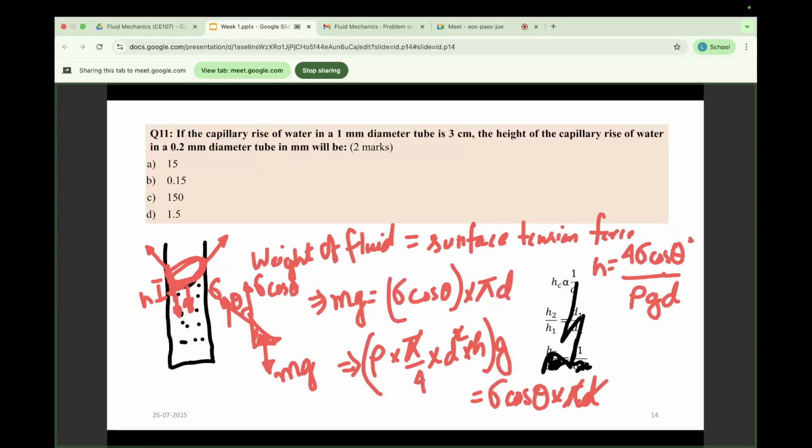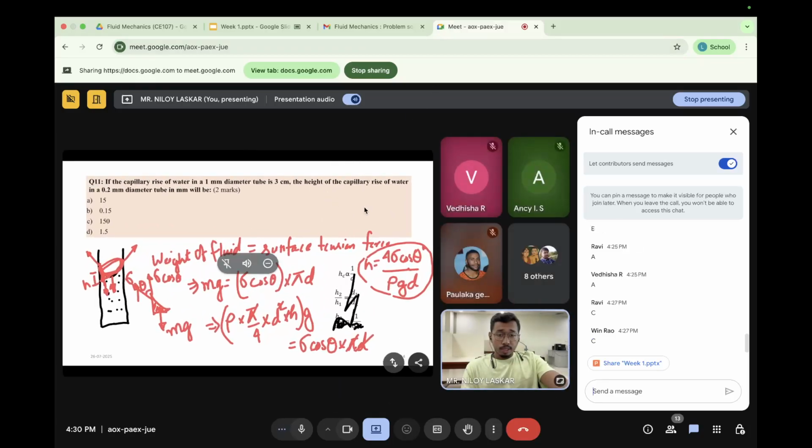So see whether you are getting this thing or not. This is for the capillary action. Whether you are getting this thing or not, please let me know. Robbie has rectified his answer. Windows also answered. Whether this concept is clear to everyone, first let me know this thing. Yes or no?